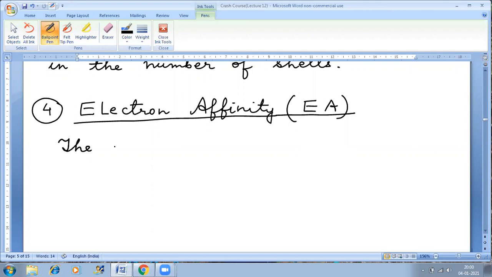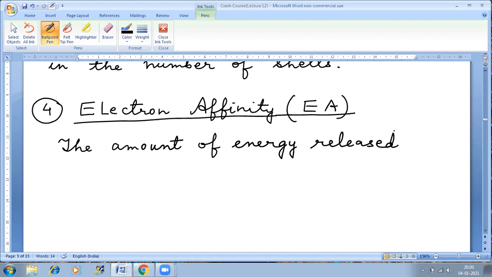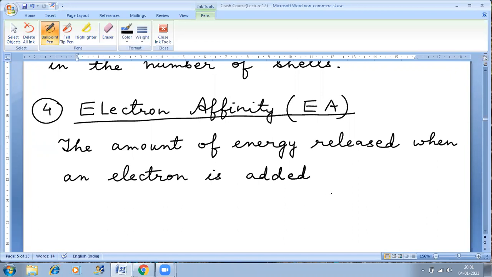So the definition for this is the amount of energy released when an electron is added to a neutral gaseous atom.